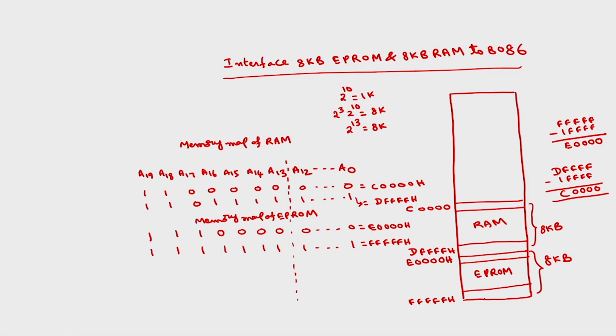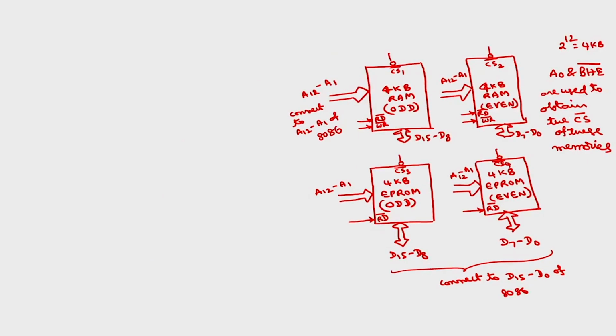Because we have 4 banks, and we have A0 as well as BHE bar to select the chip selects, we can take a 3 to 8 decoder. So, I am going to take a 3 to 8 decoder here. The IC 74LS138 is a 3 to 8 decoder.